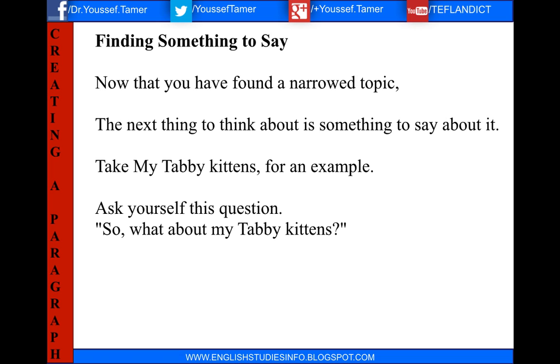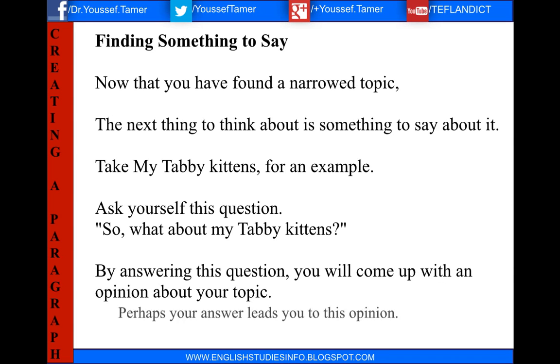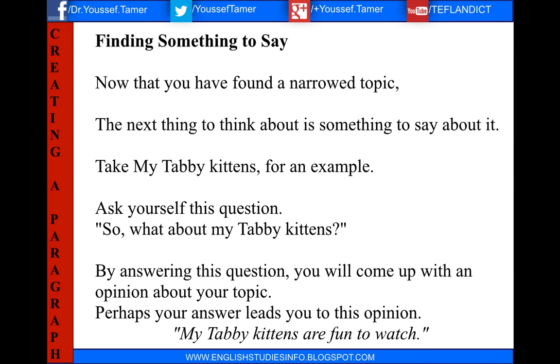So what about my tabby kittens? The answer could be something like this: my tabby kittens are fun to watch. And you can see by doing this, you have come up with a good topic sentence.